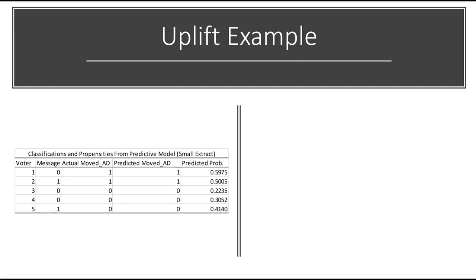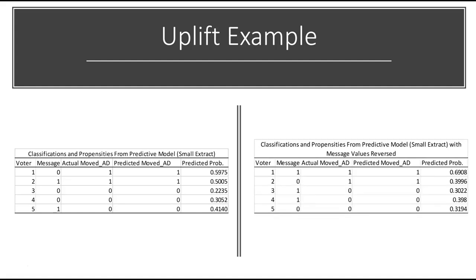In order to evaluate the impact of the message on our voters, we need to model the effect of the message on an individual voter level. For each voter, uplift is defined as the increase in propensity of favorable opinion after receiving the message. Here we have some results of that reverse scoring, which estimates the propensity of success given the opposite treatment.